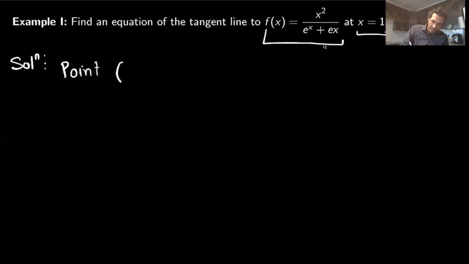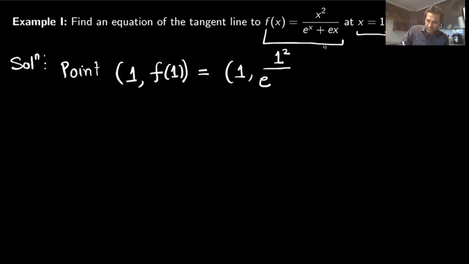We are given the x component of the point, and in order to compute the y component, we plug that x value into the function. So what is the function? x squared means 1 squared divided by e to the power 1, which is e, plus e times 1, which is again e.